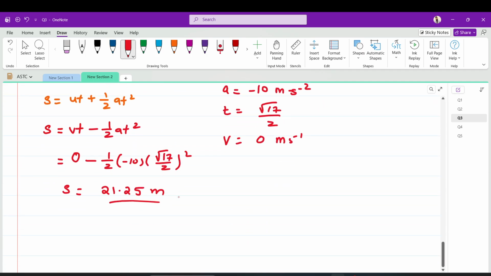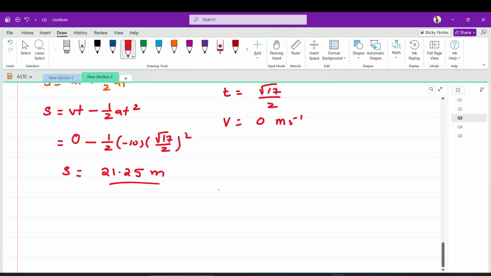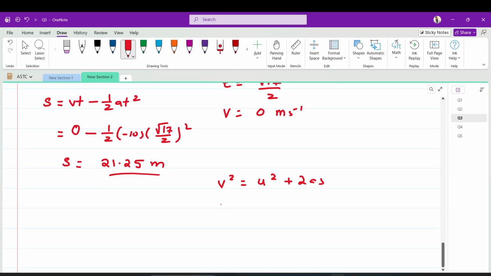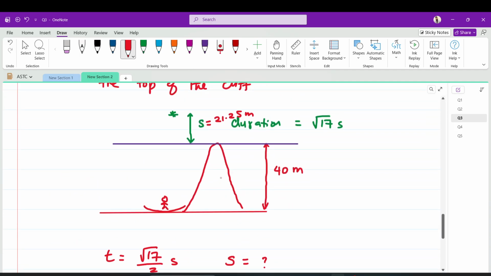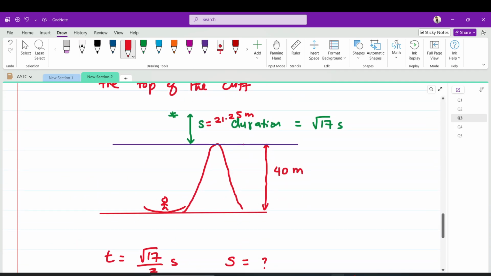So what we can do is use the equation v square equals u square plus 2as. Now v square is 0, u square is unknown, acceleration is minus 10. Now displacement is going to be this 40 plus 21.25.